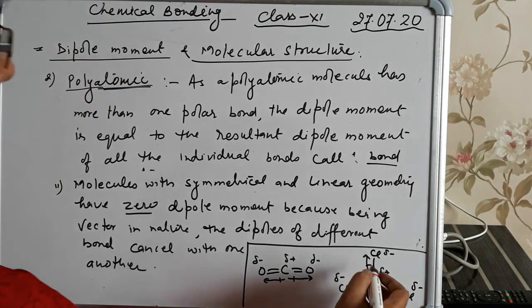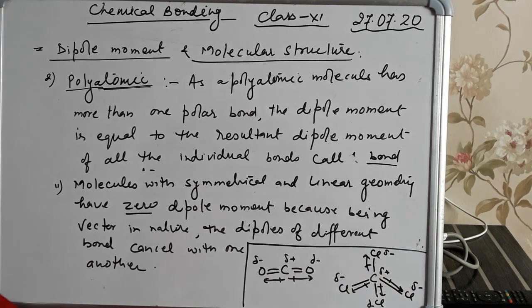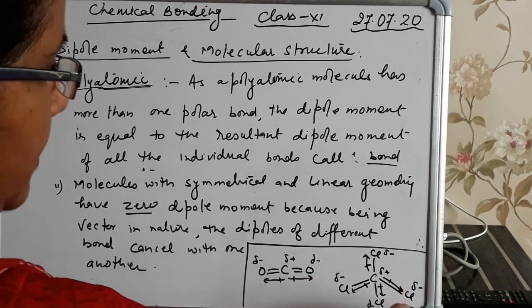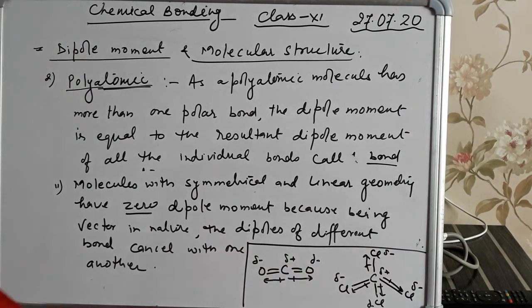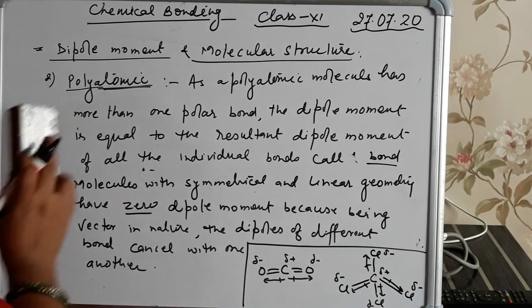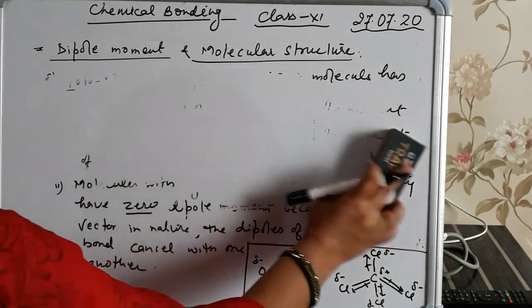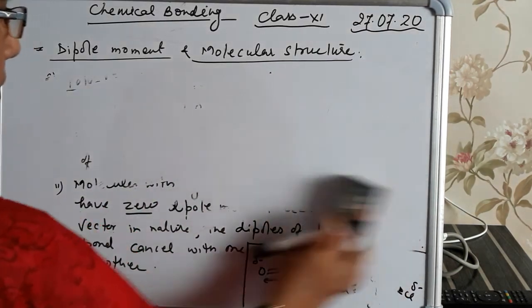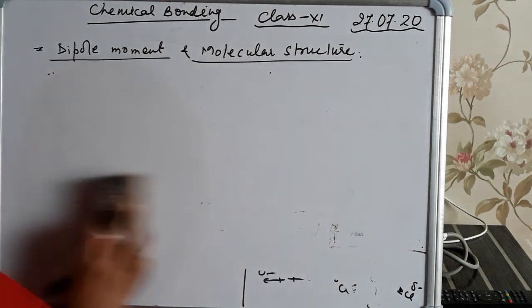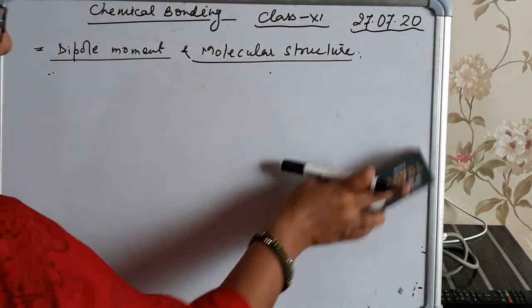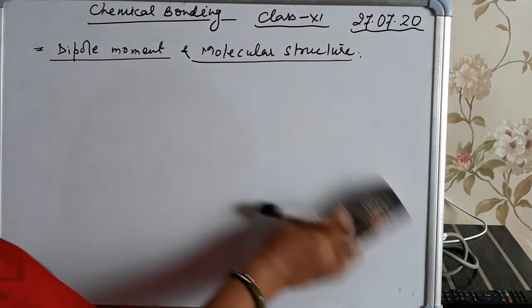So the resultant dipole moment becomes 0 because all the directions mutually cancel out each other. Dipoles cancel out because they are vector in nature. So students, in this way you can easily explain the type of molecule on the basis of electronegativity, or find out the dipole moment, or find out the nature of molecules.